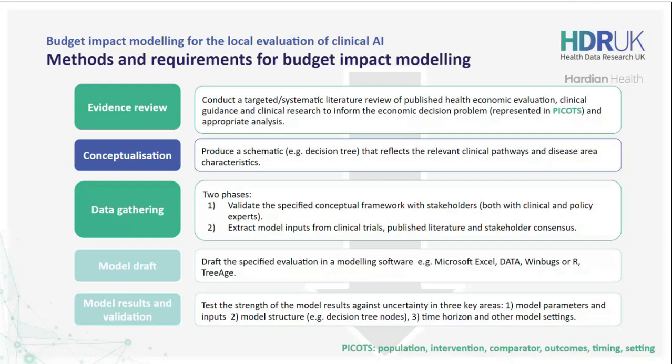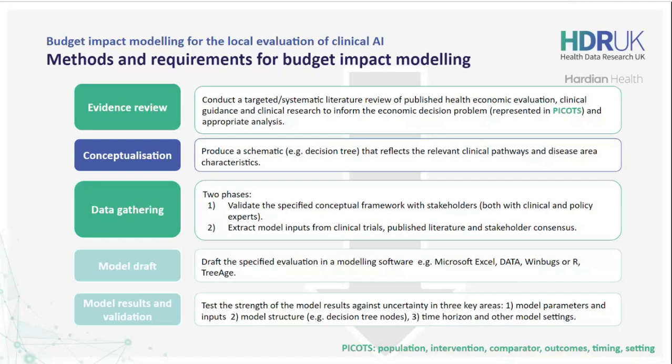But the first step is to engage with stakeholders to validate the assumptions that are being made in the model, and then to move into a phase of collecting the data that's needed in order to populate the framework that's been validated and conceptualized using the evidence review and stakeholder engagement. And with all the data available, you can then move into the model draft phase.